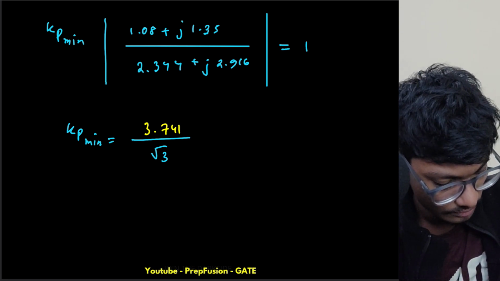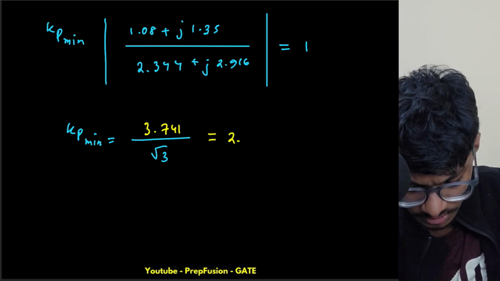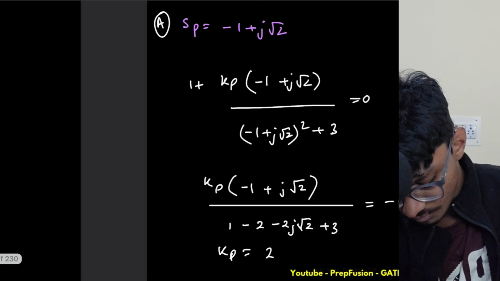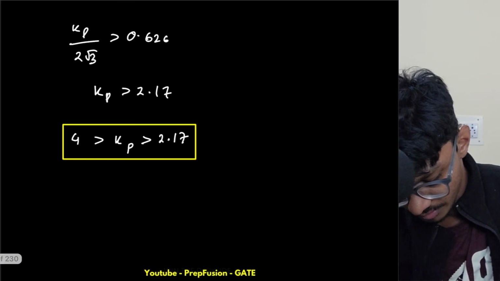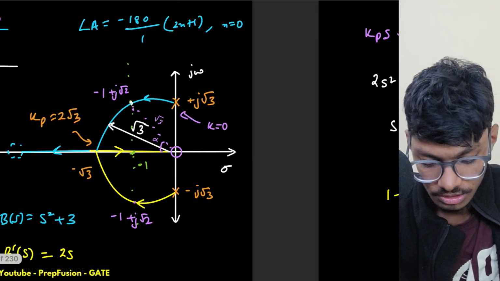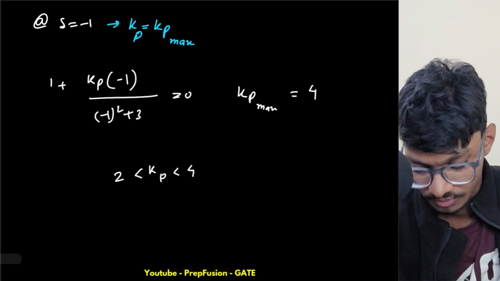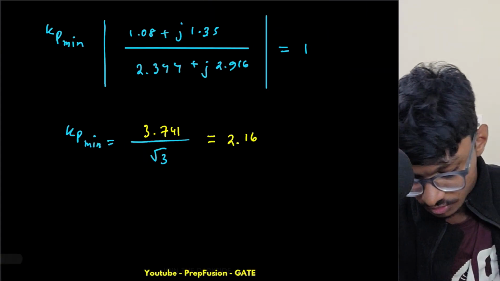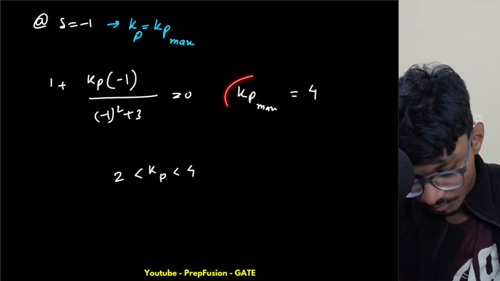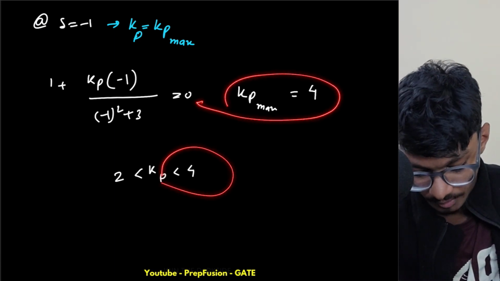If I divide this by root 3, I get 2.16, which is nearly equal to the previous one, as we saw from here. Kp minimum, if you recall, is almost this 2.17. So just put one decimal here and there. So Kp minimum is this, and we found out that here my Kp maximum is 4.